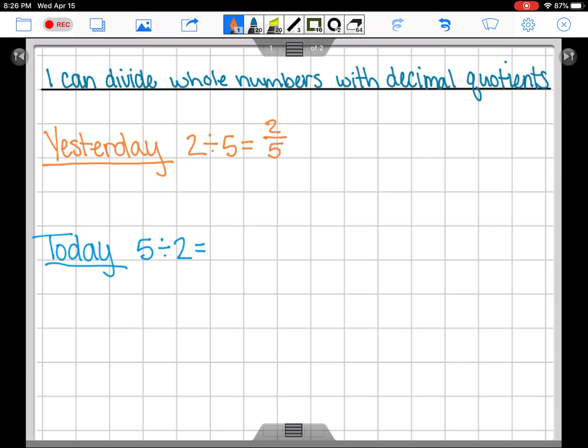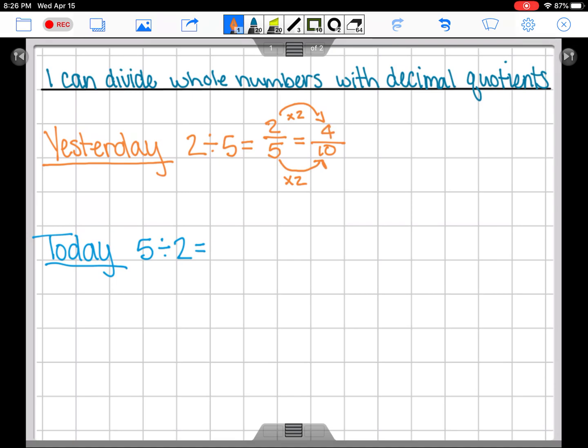So we can say 2 divided by 5 is the same as 2/5, 2 over 5. One really quick way that we can find the decimal quotient for this is to immediately convert this fraction into a fraction over 10 or 100. I can make 5 into a 10 really easily by multiplying by 2. Whatever I do to the bottom, I must do to the top.